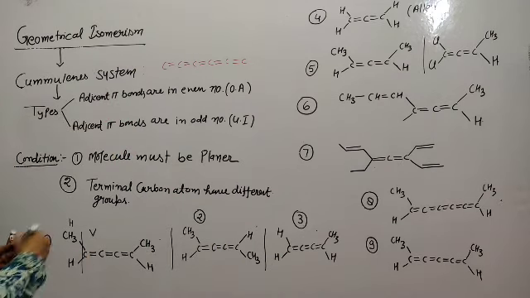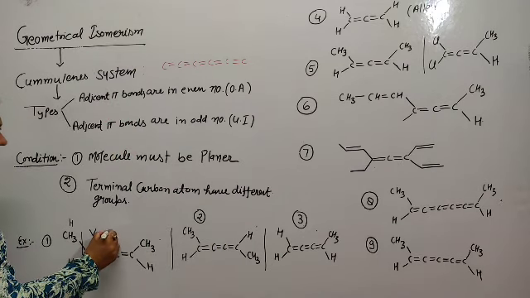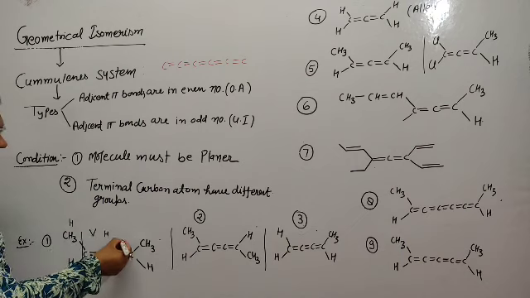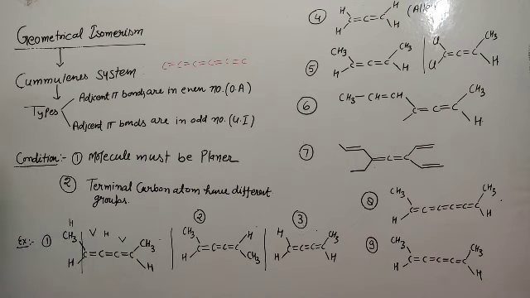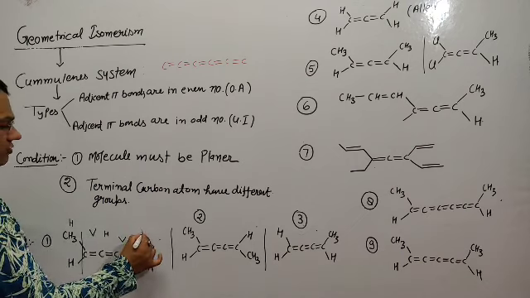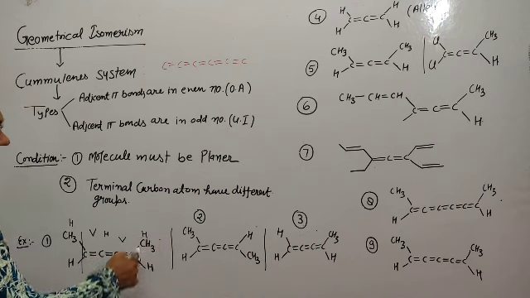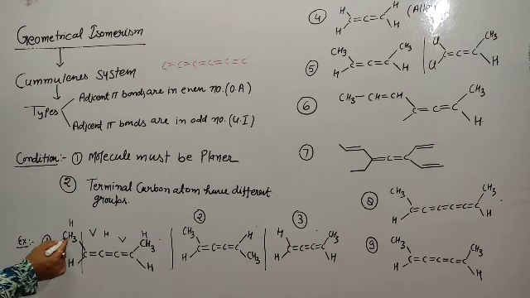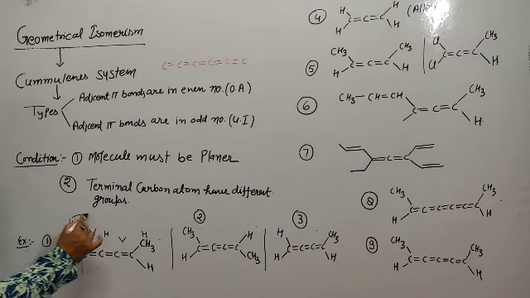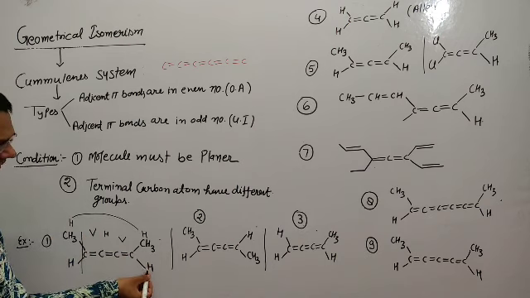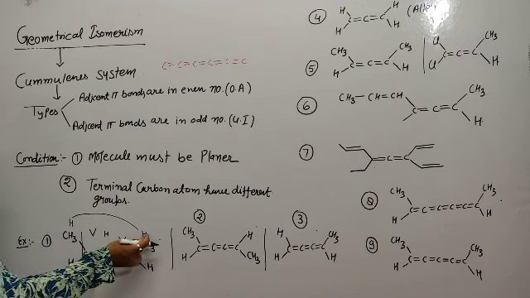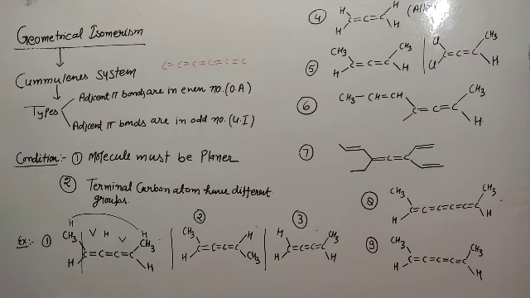So the next pi bond must be in the horizontal plane, the next pi bond in the vertical plane, and the next pi bond in the horizontal plane. So the terminal atoms lie in a horizontal plane.